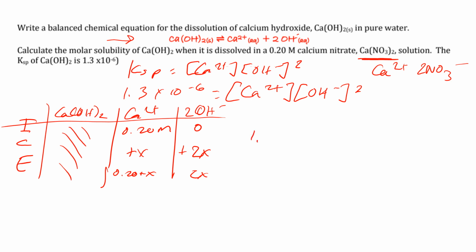So 1.3 times 10 to the negative 6 equals 0.20 plus x times 2x squared. So I'm going to use my calculator, but you can also assume that since it's a small Ksp, x is negligible, so the 0.20 plus x ends up becoming just 0.20.